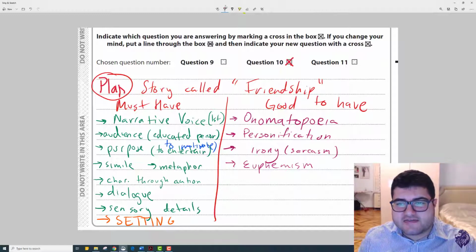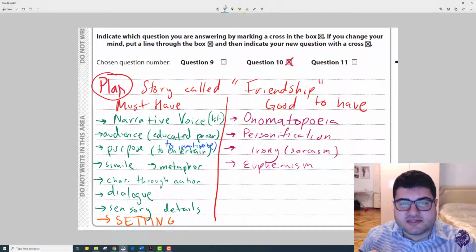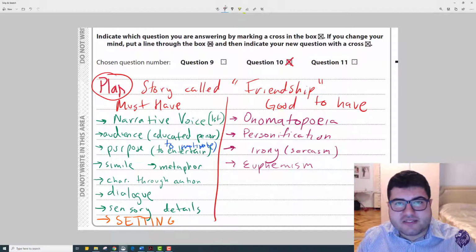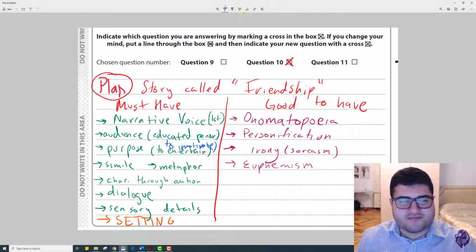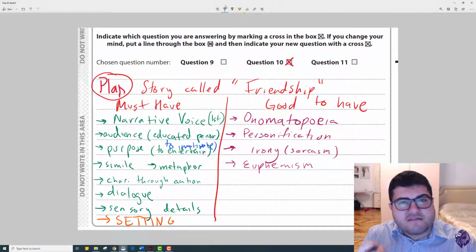So instead of saying, for example, her grandfather died, we say her grandfather passed away. Or instead of saying he's fat, we say he is big boned, or he has a very wide posture, or something like that. We substitute something rude or uncomfortable with something more comfortable.